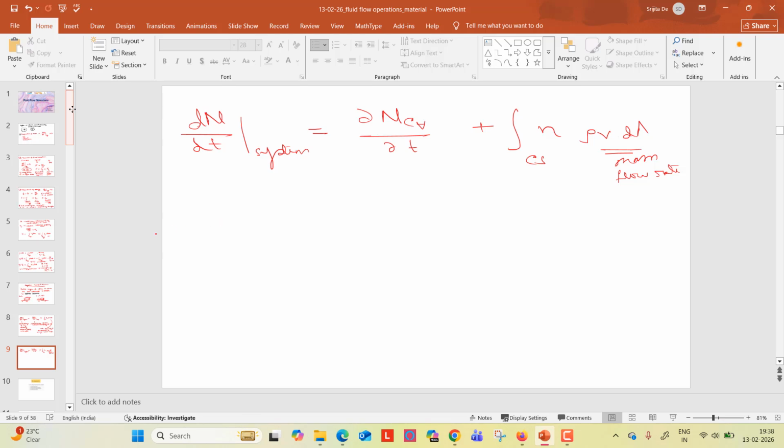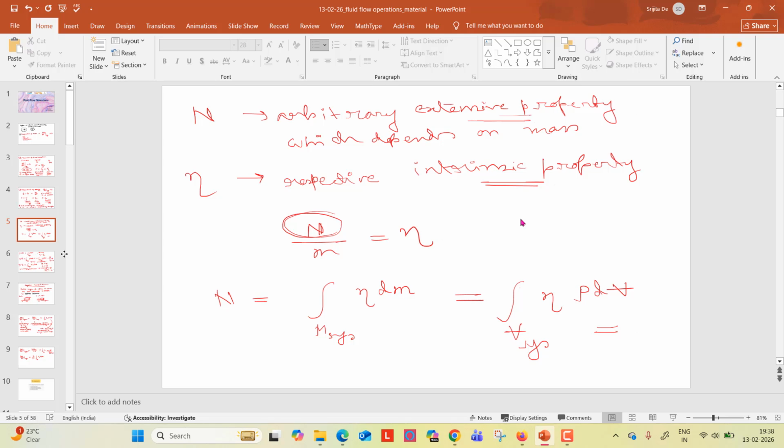So this dN/dt of the system, and del N in the control volume, how this N is changing, can be written as del t of integration over this control volume of the intrinsic property, right? So eta rho dV. So that is what we have seen here.